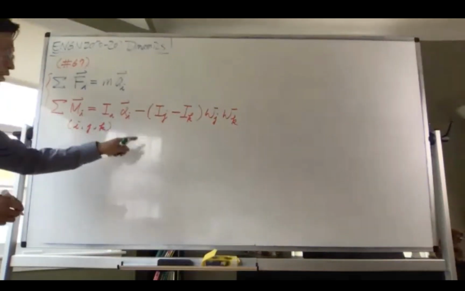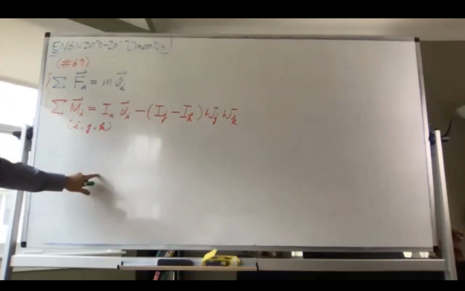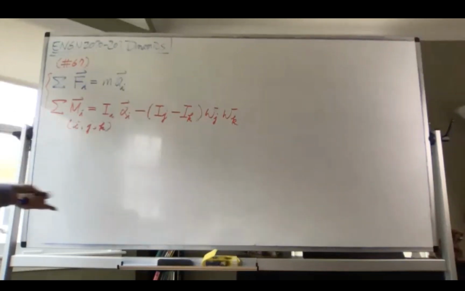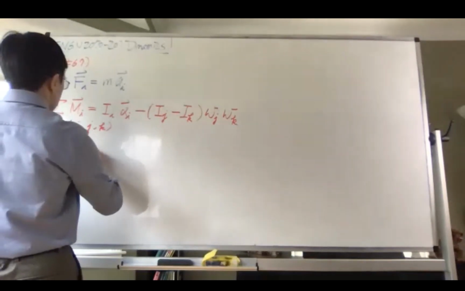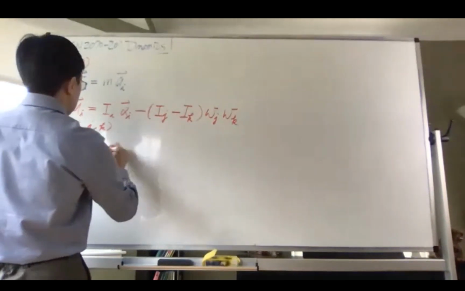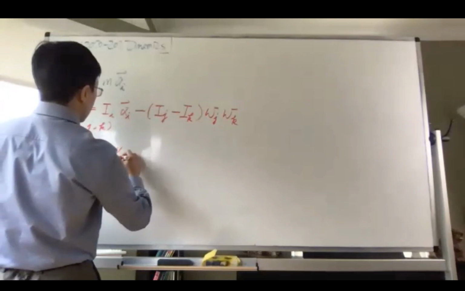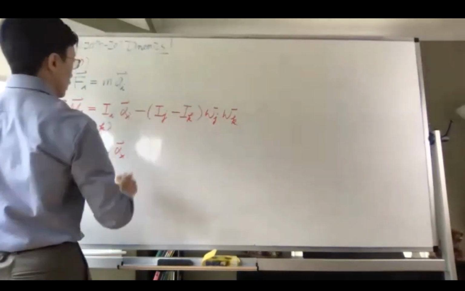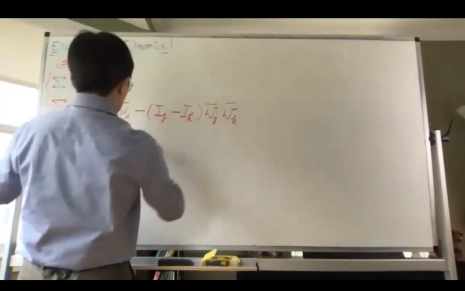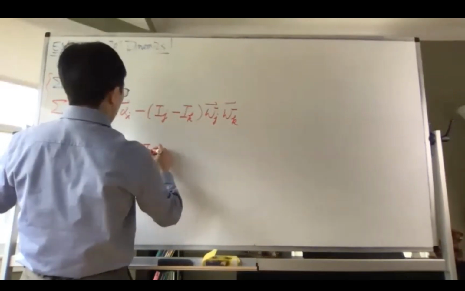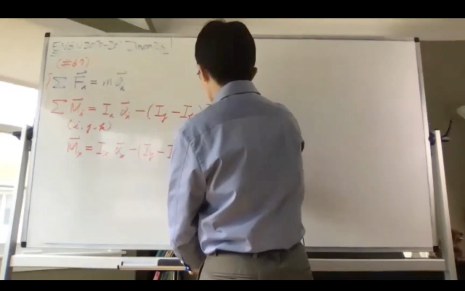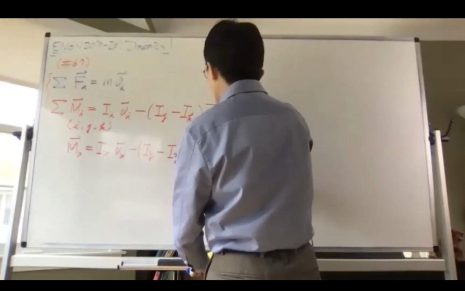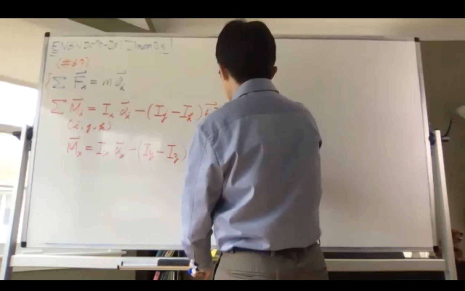Let's write this down in XYZ so you will not be confused. Mx equals Ix times alpha x minus (Iy minus Iz) times omega y times omega z.